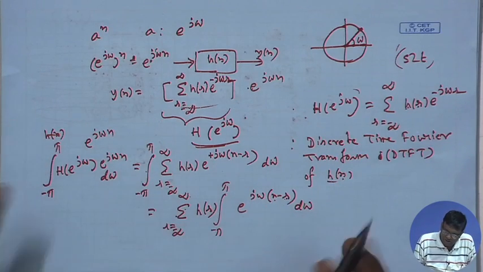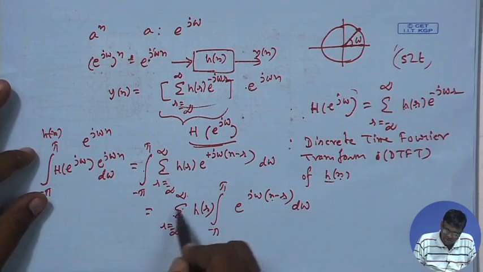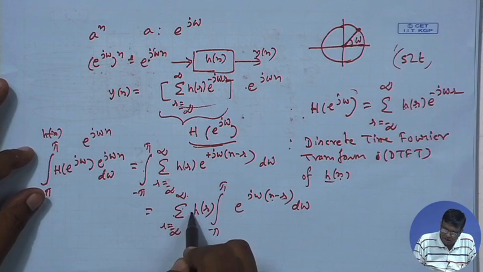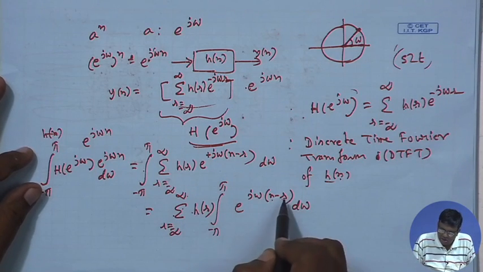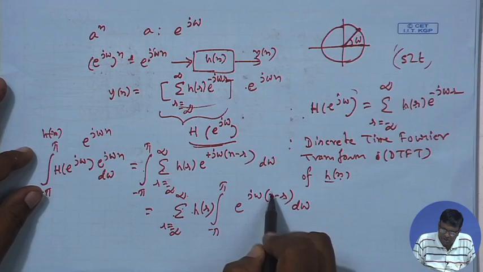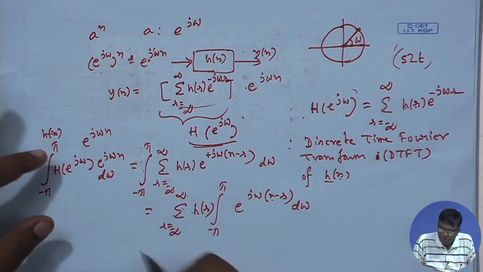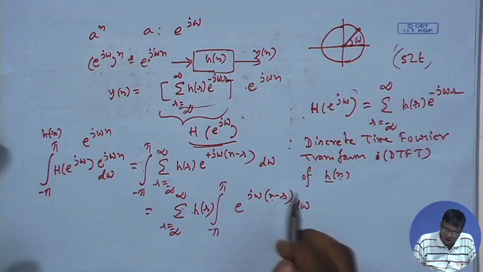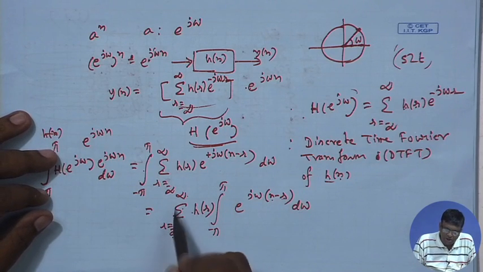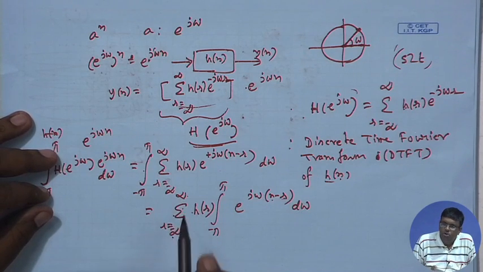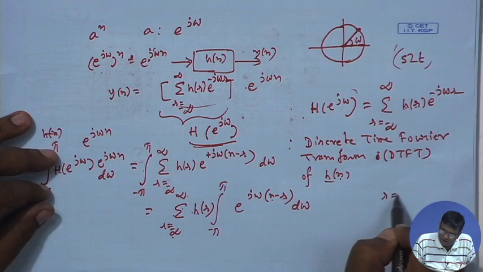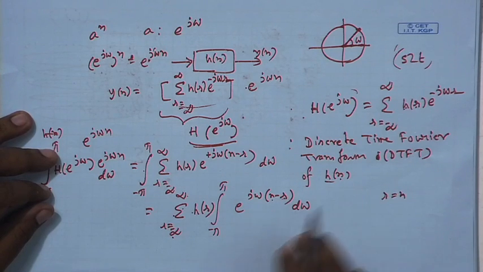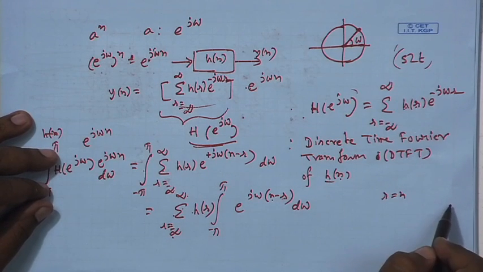So, for every r fixed from outside, h of r times this integral, put that r here, n is fixed, carry out the integral. And then another r, put that r here, do the same thing, and so on and so forth. Now, as r varies from minus infinity to infinity, it will become equal to n, that is r equal to n, once, and on all other occasions it will never be equal to n.